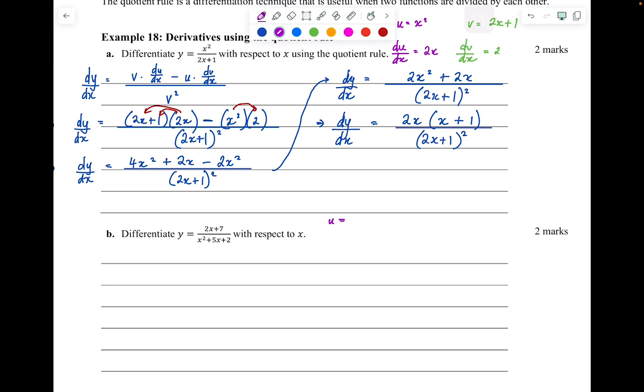The u here is our top function, which is 2x plus 7, which means that du dx is equal to 2. And the v is our denominator, which is x squared plus 5x plus 2. And we want to find our dv dx, which is 2x plus 5.